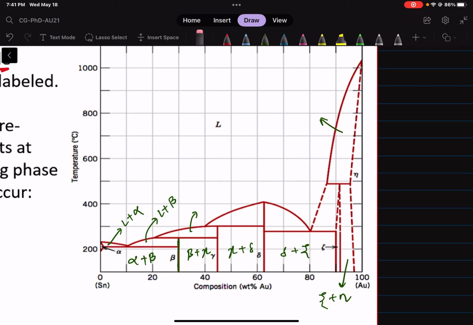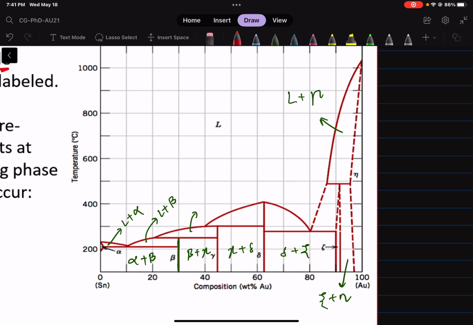Let me write this down again. So this will be liquid plus eta. And over here, this region will be liquid plus psi.